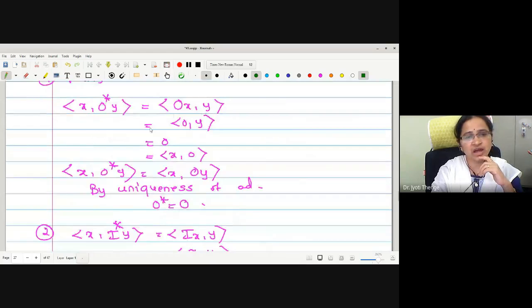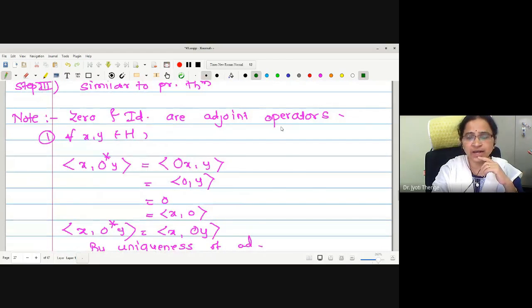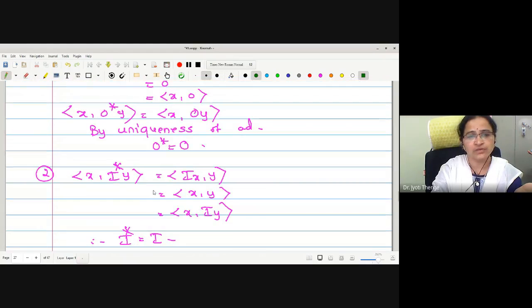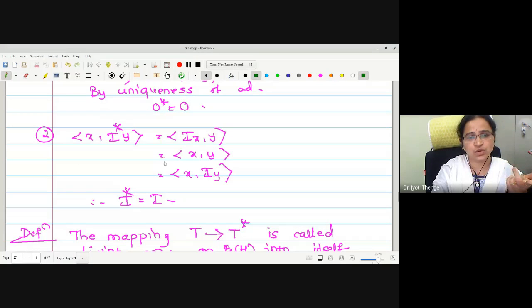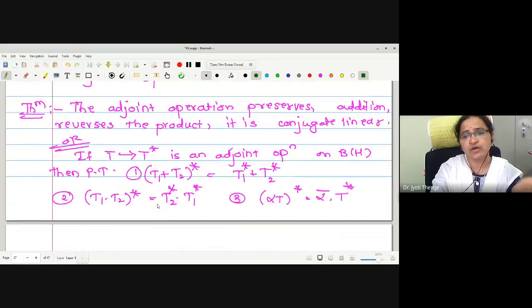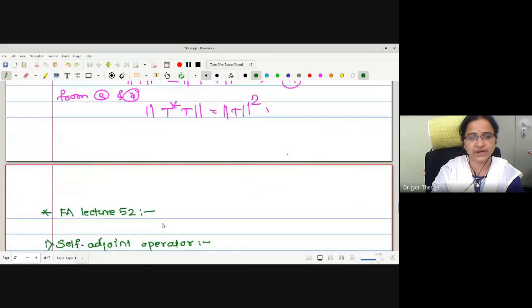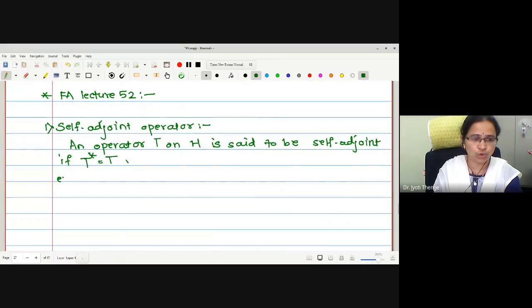Knowing those are self-adjoint operators, we have obtained by uniqueness of the adjoint operator that 0 star is equal to 0 and I star is equal to I. From this one can easily understand that the zero operator and the identity operator are two good examples of self-adjoint operators.